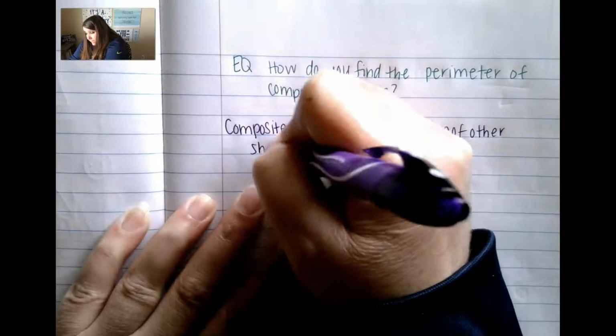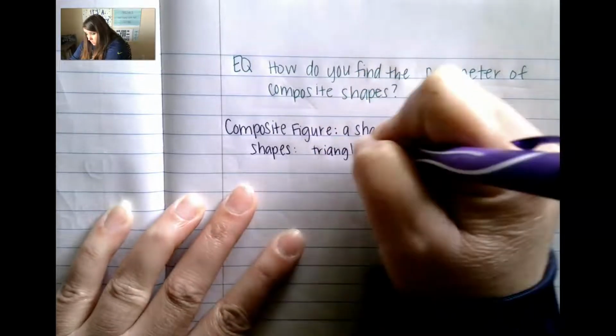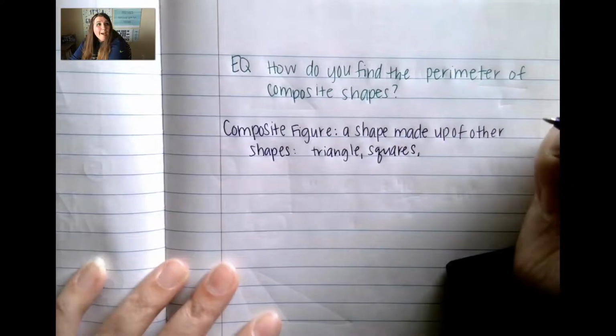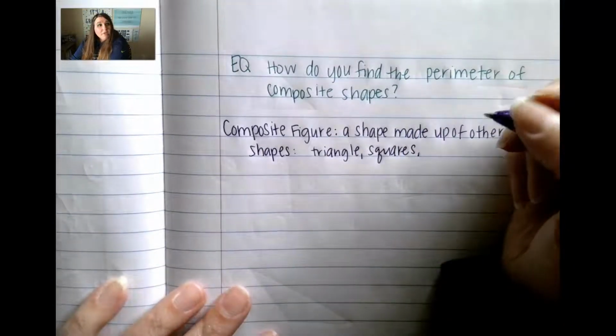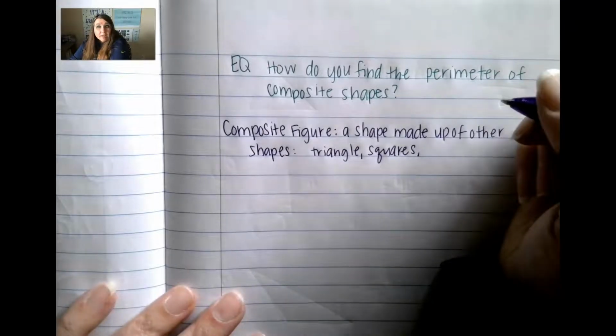Like, for example, triangles, squares, rectangles, semicircles, other two-dimensional parallelograms.